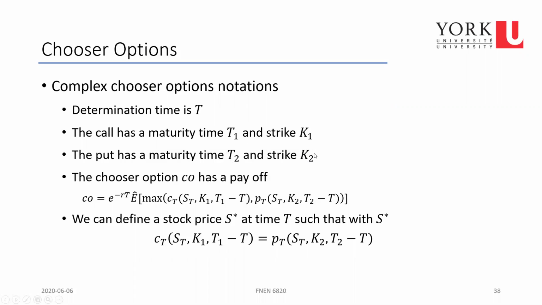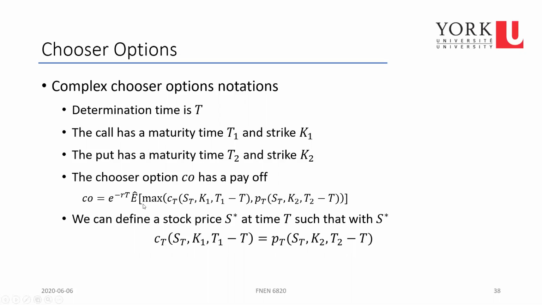strike price K2. Now, if we look at what the payoff is, essentially the starting point of evaluating an option is to look at the risk neutral expected value here, and discount it.